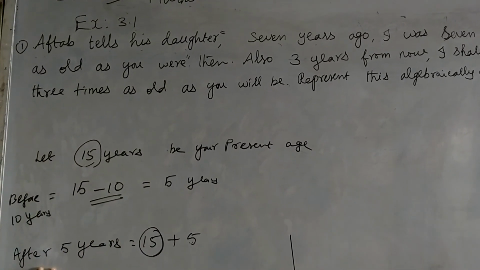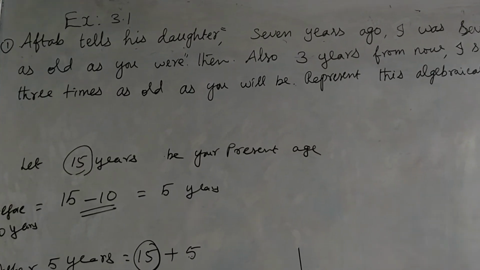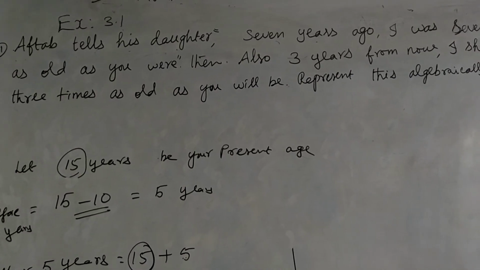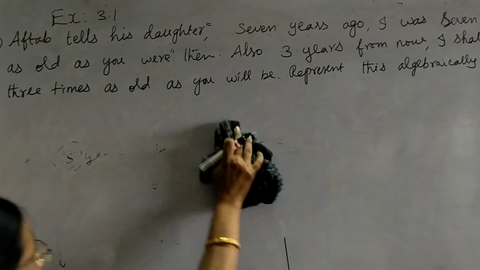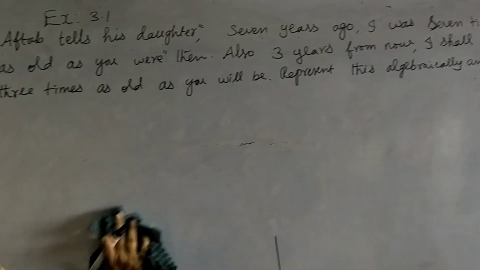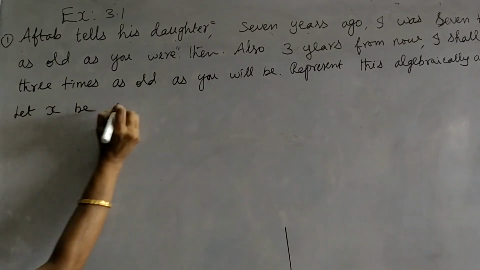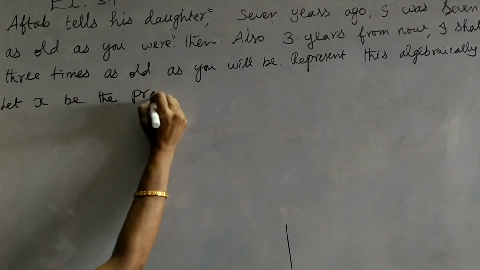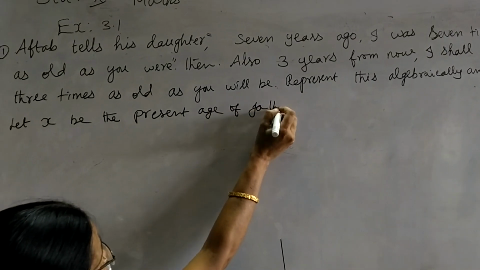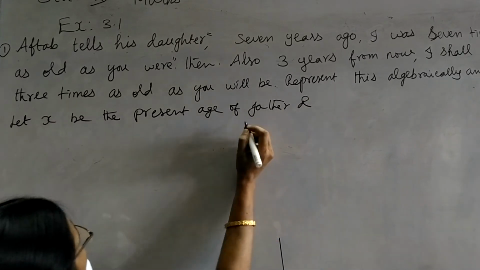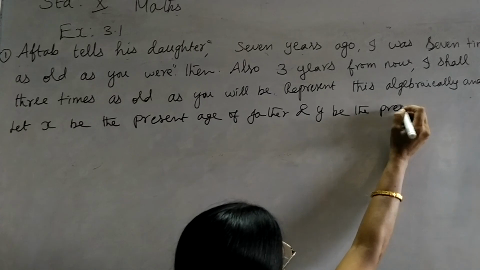Now we go back to the question. Avtar tells his daughter 7 years ago. Here you can see there are two persons, father and daughter. Let x be the present age of father and y be the present age of daughter.